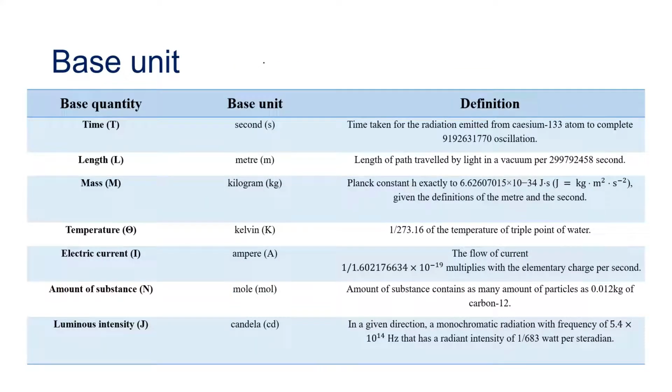This slide shows the table of base quantities, units, and definitions. Actually, not much to explain here because these are just definitions we humans define. But all these definitions are basically based on something that is constant, things everyone can agree on. For example, the meter here is based on the length of the path traveled by light in a vacuum per 299792458 of a second.